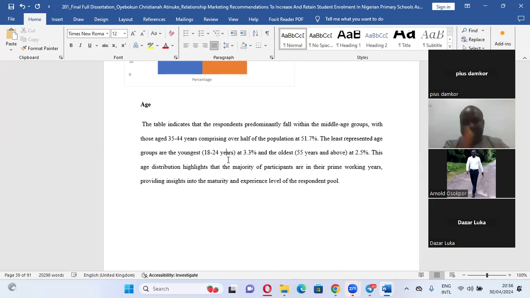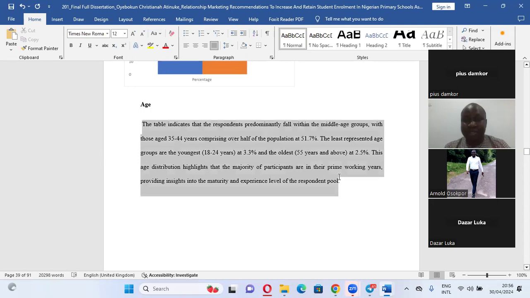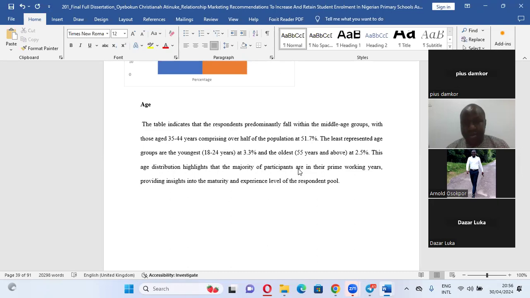Age, sex, this is a separate interpretation, but it must have interpretation. The table indicates that the respondents predominantly fall within the middle age groups. So they are just using English to explain the analysis. We are just using grammar to explain it. So let's move away from here.